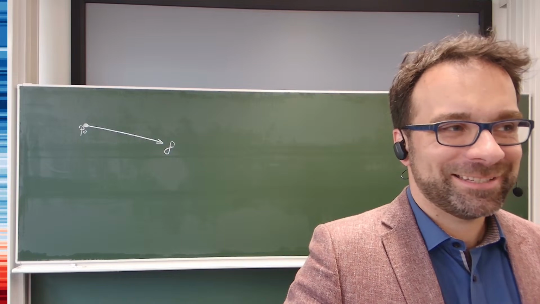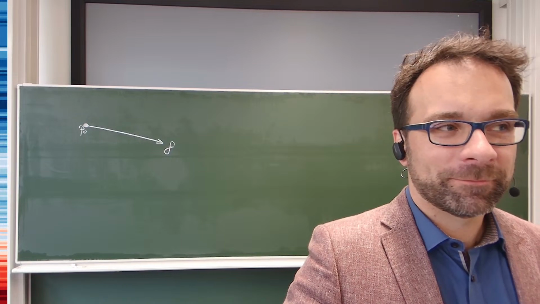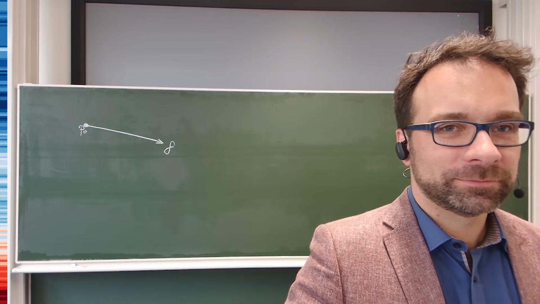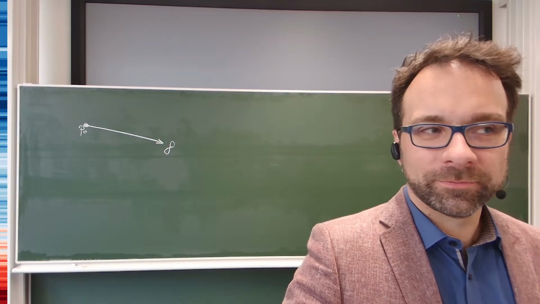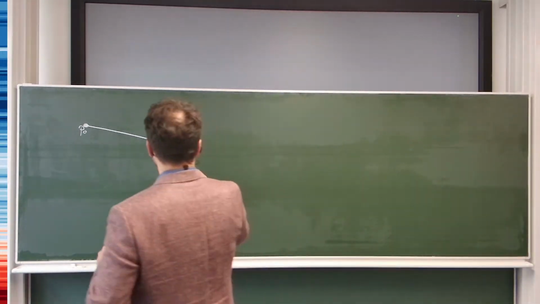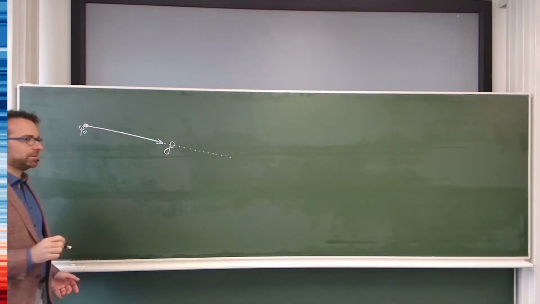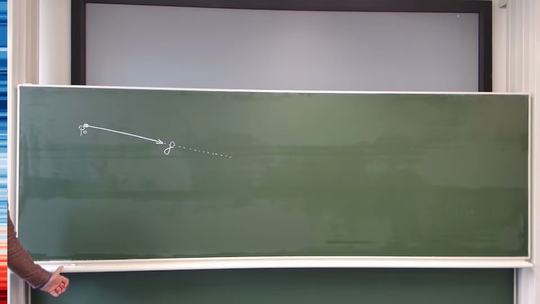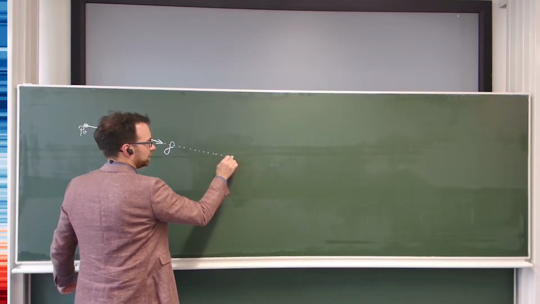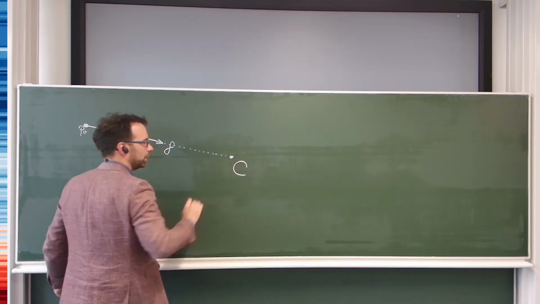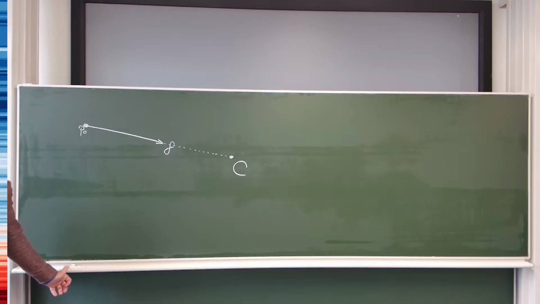And where is it in this picture? Well, apparently the point that we are looking at is somewhere in the direction that we are looking in, so in the gaze direction. Let's say it's here, and call this center of interest.